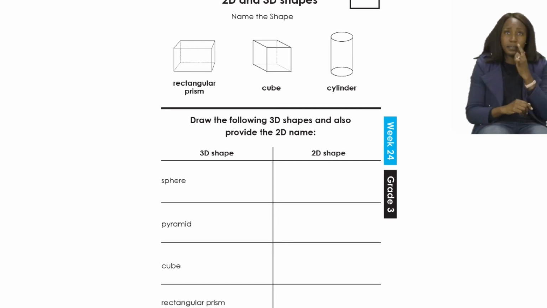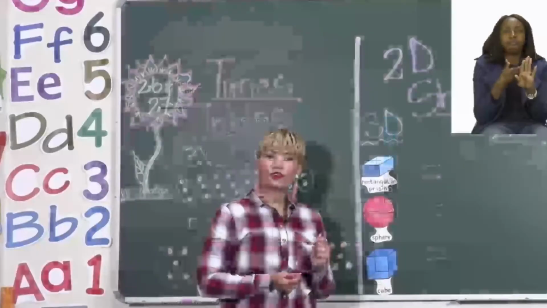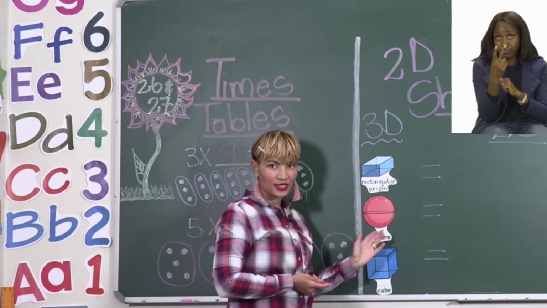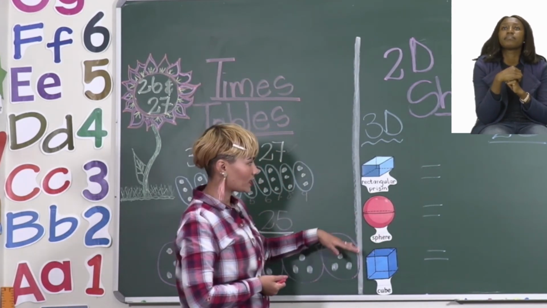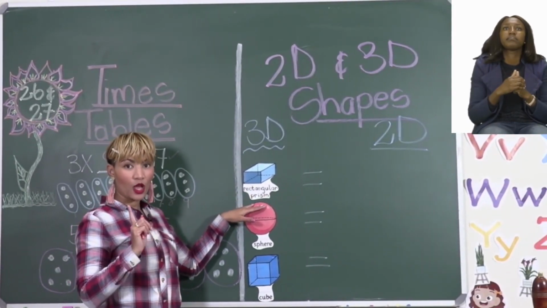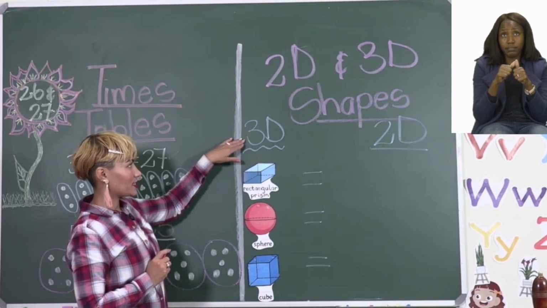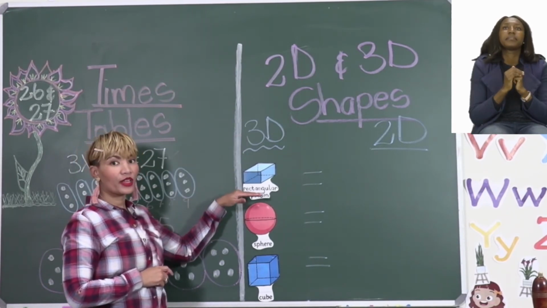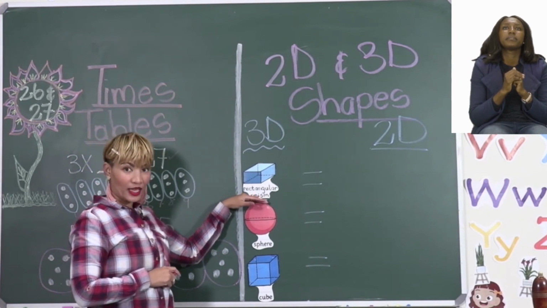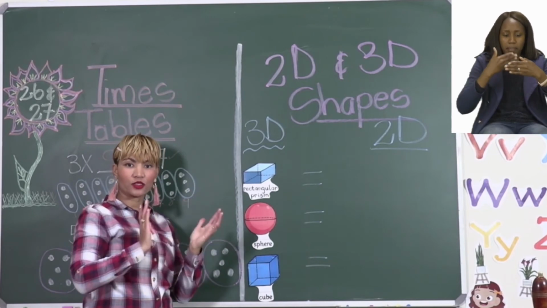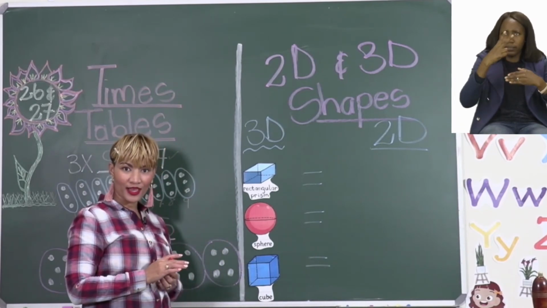Okay, now on the board I have a few examples for you. So you can also work from these examples. So the first one is a rectangular prism. Remember, we said earlier that it is a 3D shape. Now, a 3D shape is a shape that shows all the sides of this shape, okay?